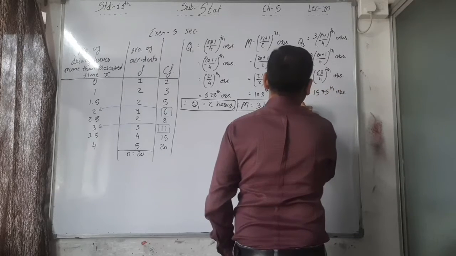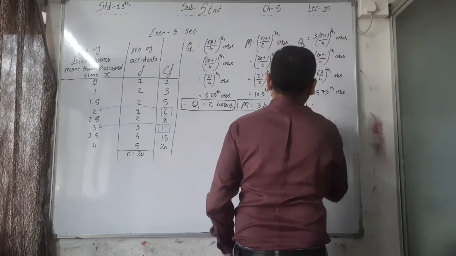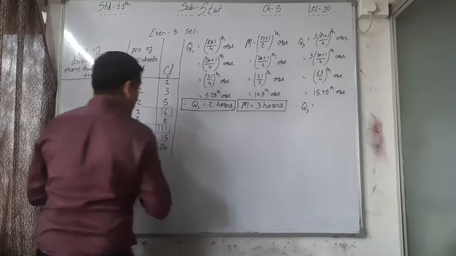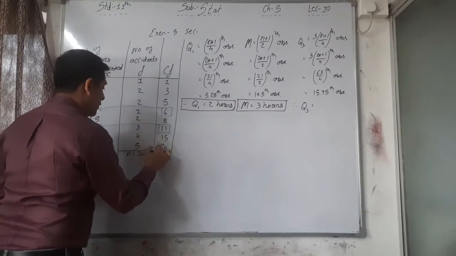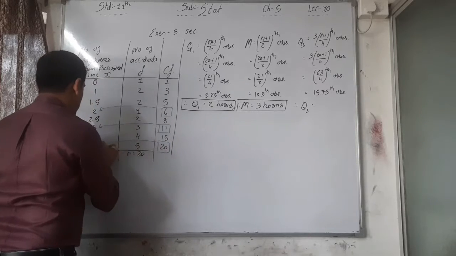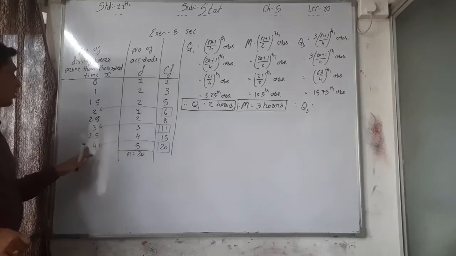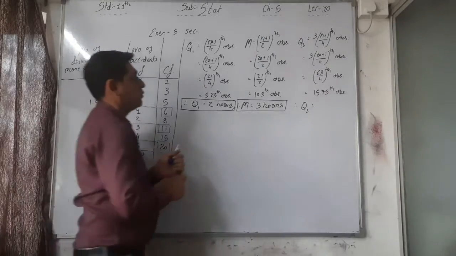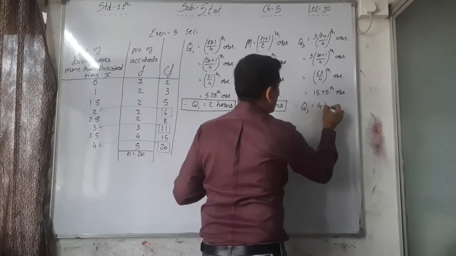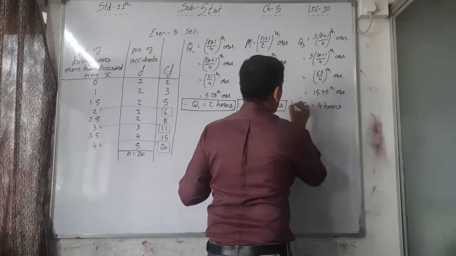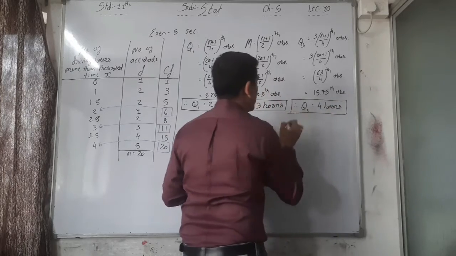And see in the cumulative frequency, 15.75 lies here, so the corresponding observation is 4. That's why Q3 is equal to 4 hours.